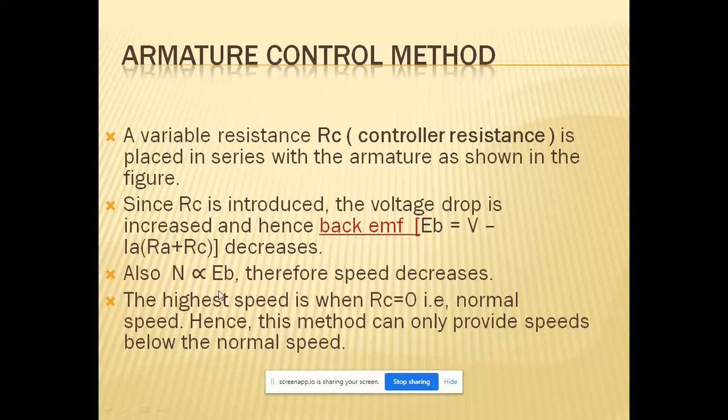Also, N varies as EB, therefore speed also decreases. The highest speed is when Rc equals 0, that is normal speed. Hence, this method can only provide speeds below the normal speed.